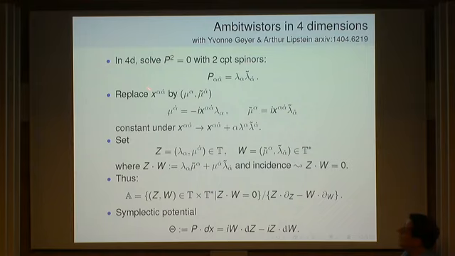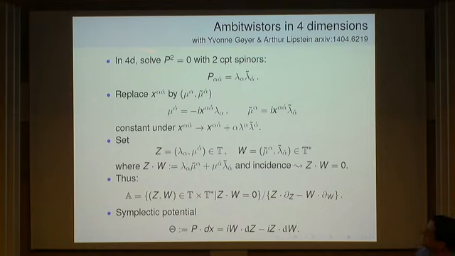We want to quotient by x goes to x plus lambda lambda tilde. You can do that by adding a pair of spinors, mu and mu tilde, by these relations here. And it's easy to see that that's invariant under this translation along the null geodesic.